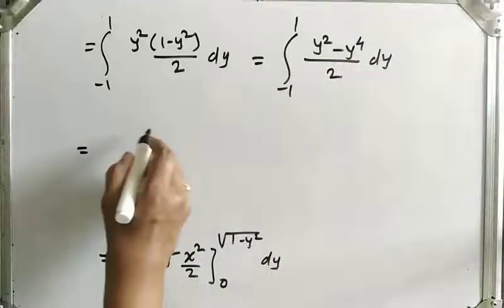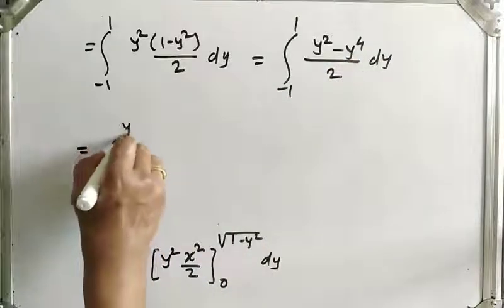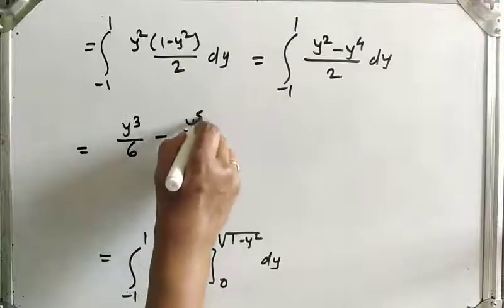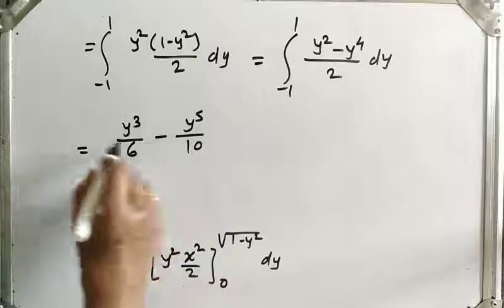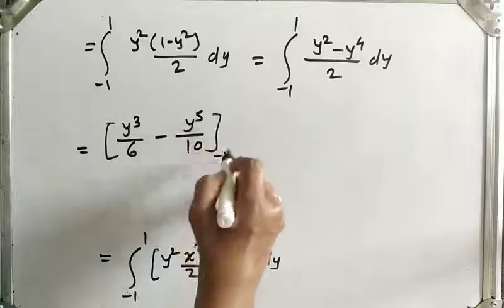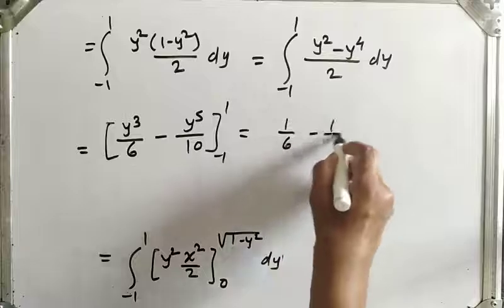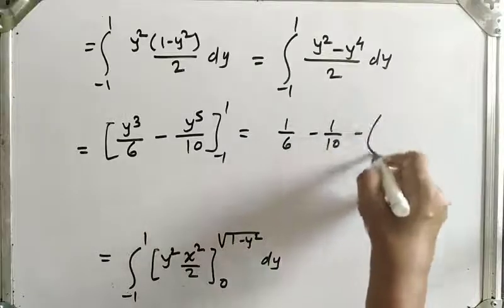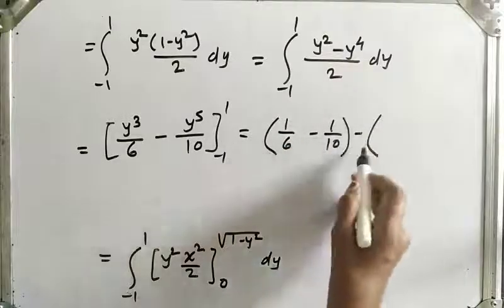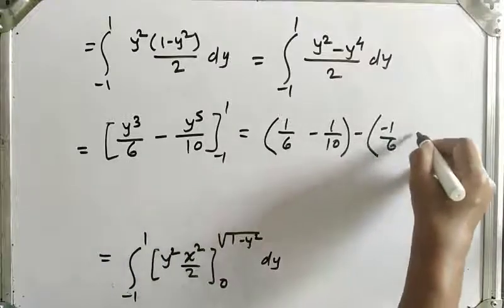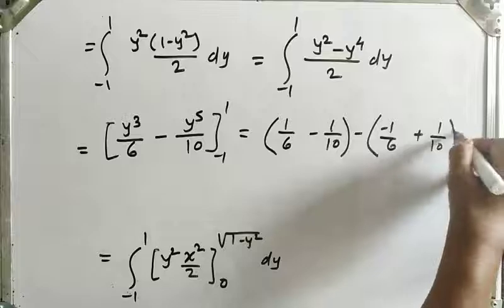Its integration is y³/3 into 2, that is 6, minus y⁵/5 into 2, that is 10, with limits minus 1 to 1. Now apply the limit. It is 1/6 minus 1/10, minus, after putting minus 1, minus 1/6 plus 1/10.